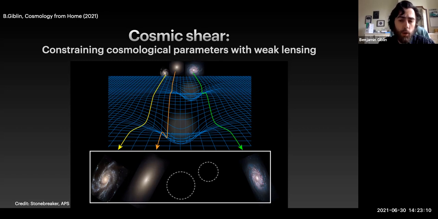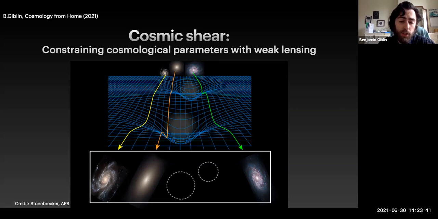And this very small lensing effect causes the observed shapes of those galaxies to be slightly distorted relative to their intrinsic shapes. An exaggerated depiction of this is shown in the white box on the bottom of this slide. You can see that the observed images of these galaxies shown in the white box differ slightly from the intrinsic shapes of those galaxies as seen in the background.